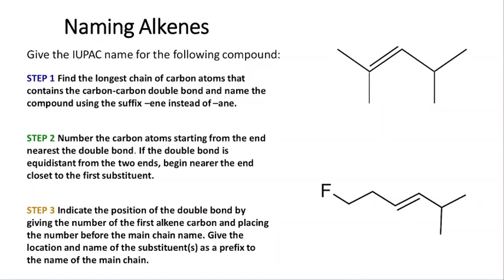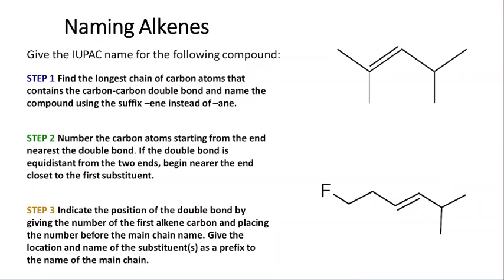We're going to number the carbon atoms, as you can see in step number 2, from the end that is nearest a double bond. So again, when we have an alkene, now we have to focus on our carbon-carbon double bond. That is what needs to have the lowest number, okay?